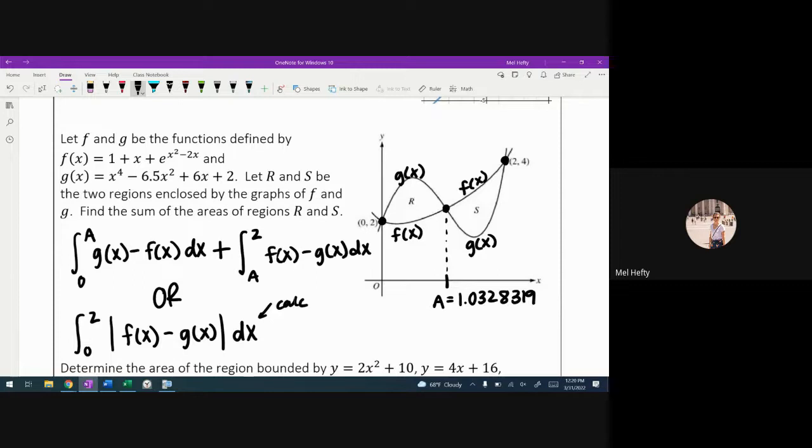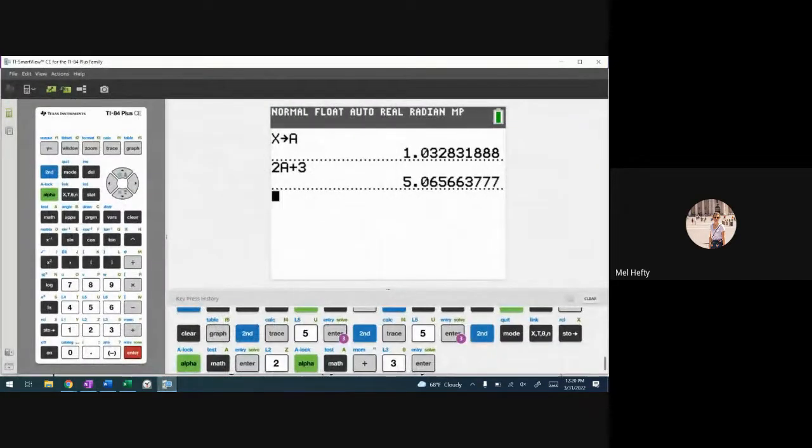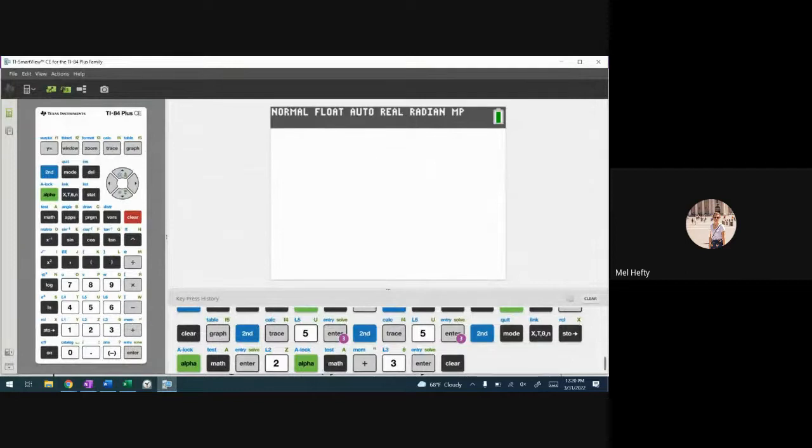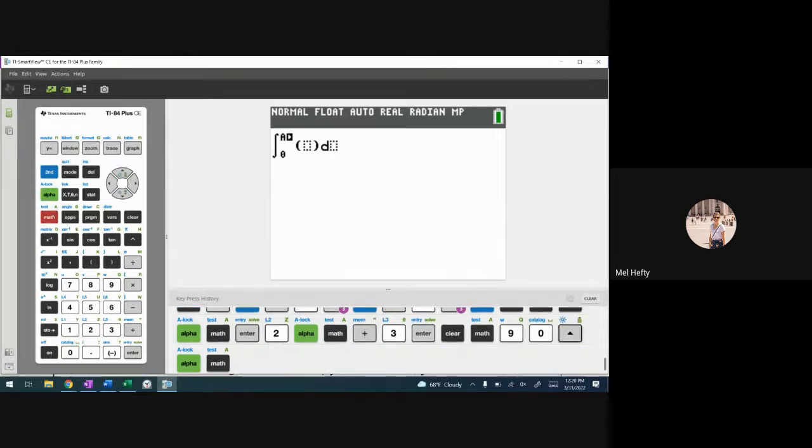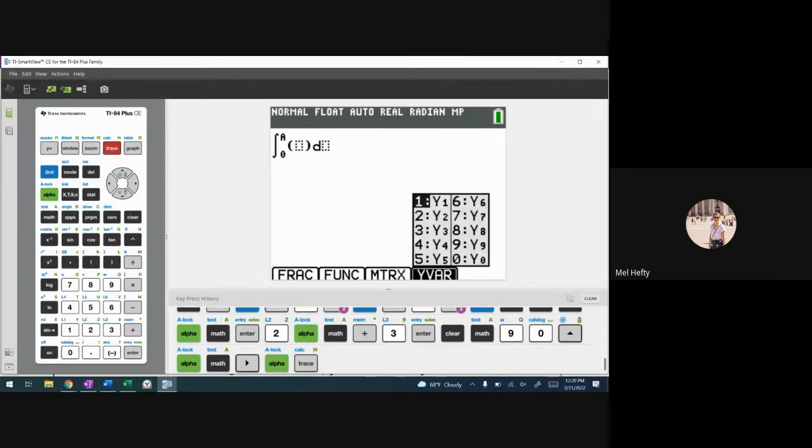The last thing I want to show you is how to plug this into the calculator. I'm going to do both of them just to check to make sure that this is working fine. So for the first one, I'm going to go math 9, 0 up to alpha A. Now, I don't want to type those functions in again, so I'm going to use, have we done alpha trace in this class? All right, so I'm going to reference these. I'm going to alpha trace, and the first one was g minus f.